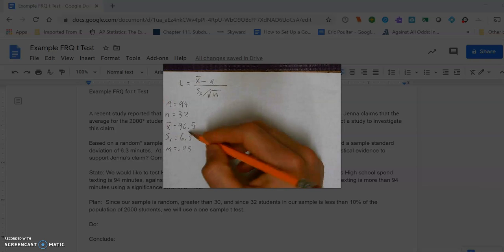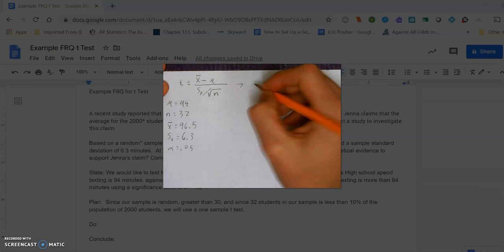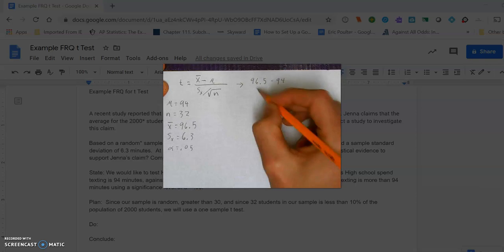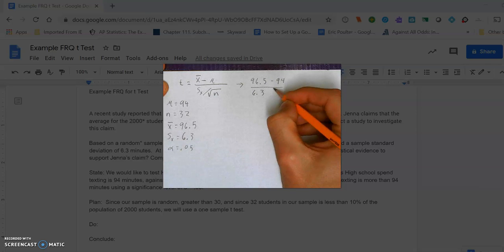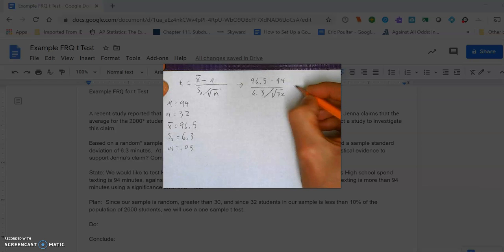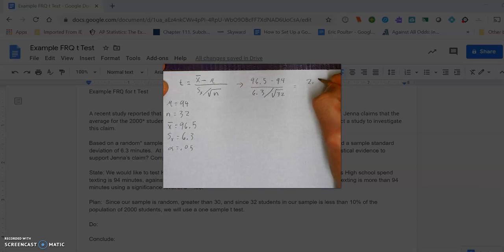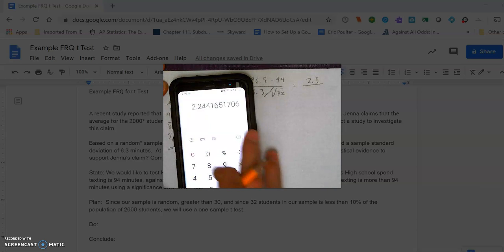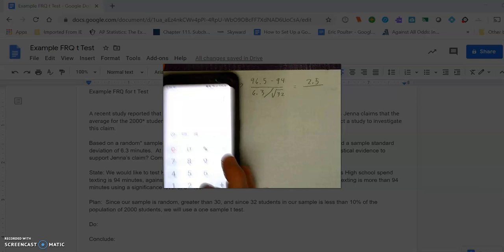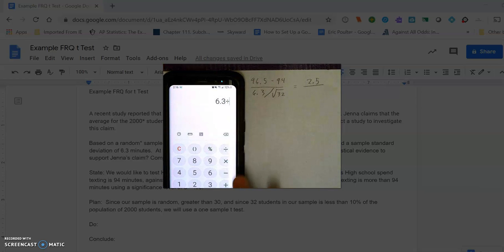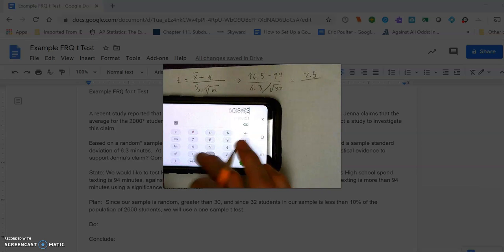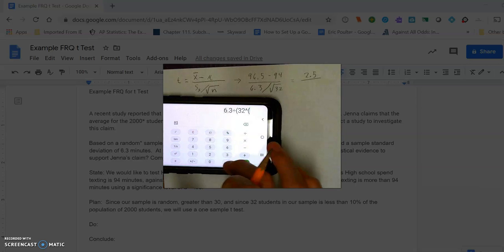So from here, it's just a little bit of algebra. We'll plug these values into this formula. So let's see, 96.5 minus 94 over 6.3 divided by square root of 32. Well, on the top, this is 2.5. On the bottom, 6.3 divided by square root of 32, which is 32 to the power of 0.5.